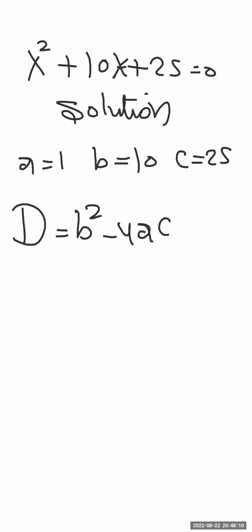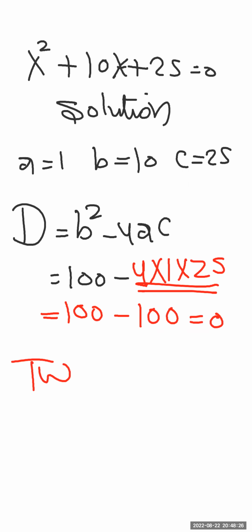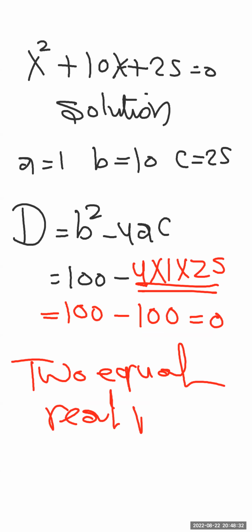So B squared is 100, minus 4AC, so 100 minus 100. So simply 0. Okay, discriminant equals 0, so two equal real roots. Very good. Exactly.